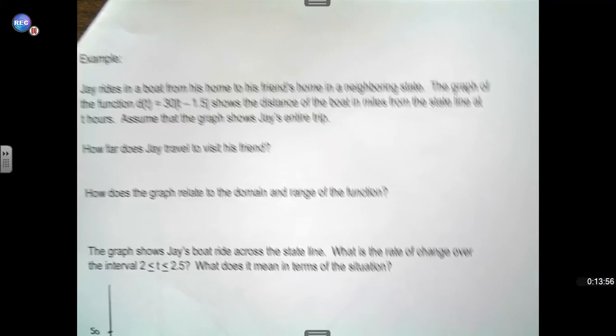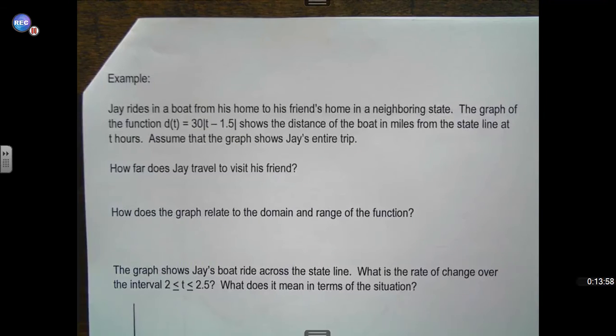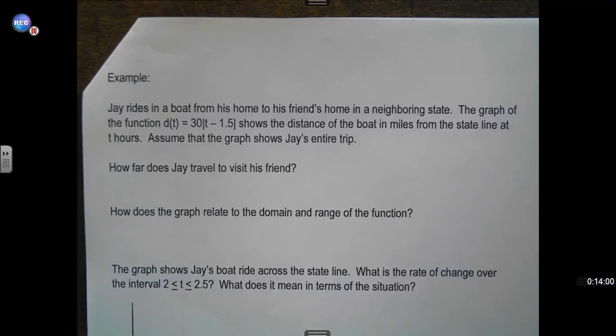Here's what we want to be able to do with absolute value. Okay, Jay rides in a boat from his home to his friend's home in a neighboring state. Okay, the graph of the function given by the equation shows the distance of the boat in miles from the state line at t hours.